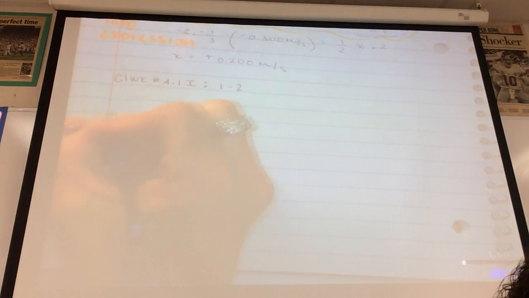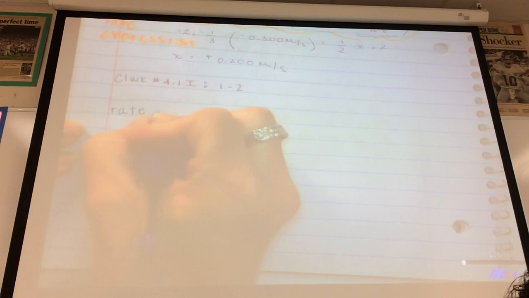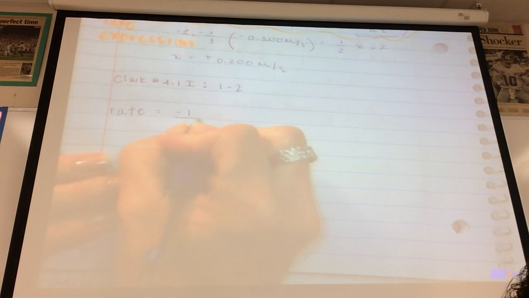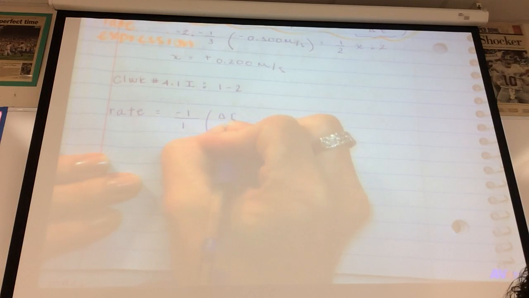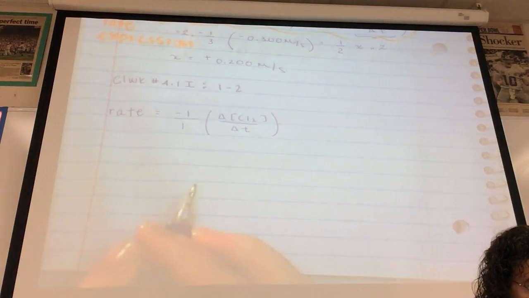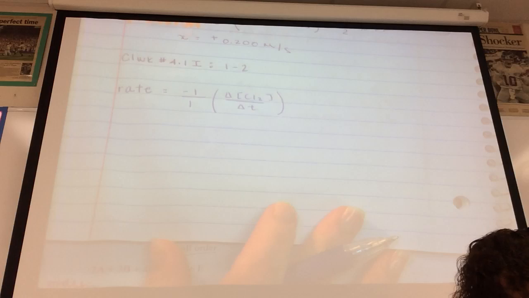We know that we can write rate equations where we have rate is equal to -1 for reactant chlorine over its coefficient, change in concentration of chlorine over the change in time. And for these types of problems with data tables, they typically give you a coefficient of 1. It just makes life easier.